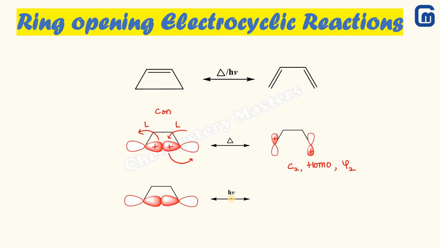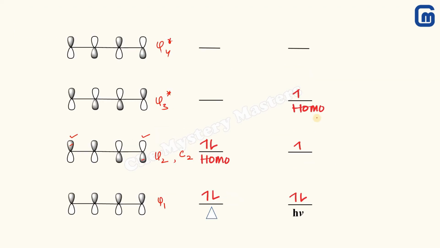Similarly, if you talk about hν condition, in hν conditions the HOMO for 1,3 butadiene, that is our product, is psi 3 star, where the terminal orbitals are present in such a way that mirror symmetry is present. So we have to do what?